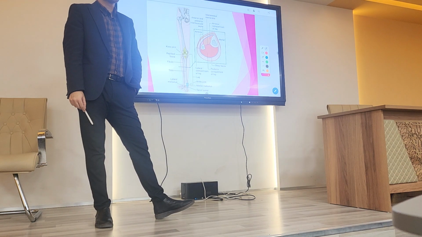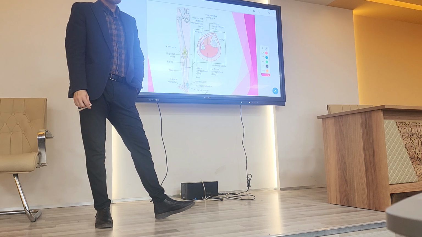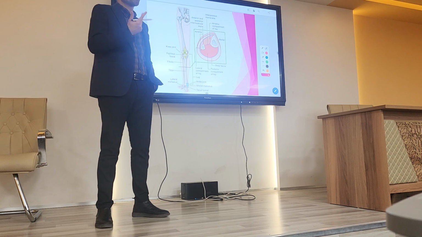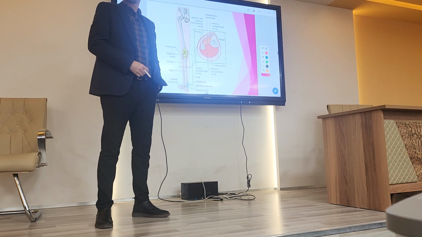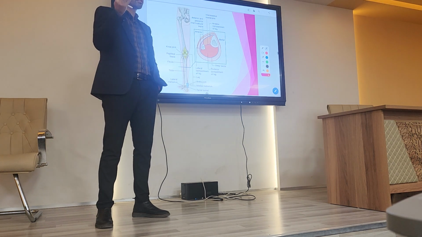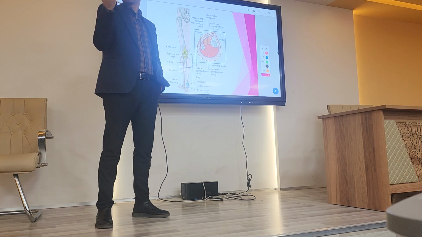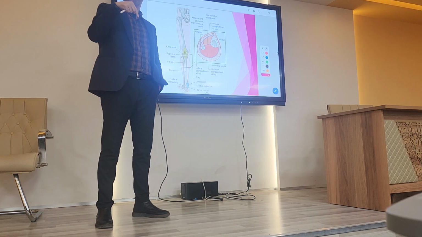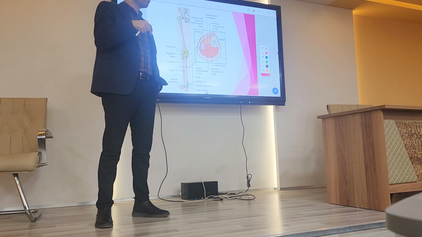I think it's a small muscle, maybe. Yes, it's small, but the name doesn't show you the size of the muscle. Origin from fibula. Tertius means number 3, the third one. So this is the third fibularis muscle.